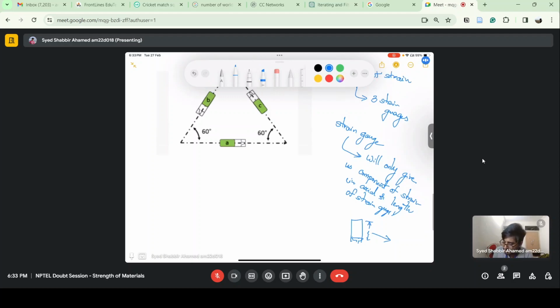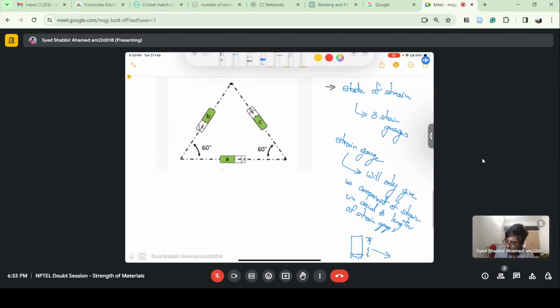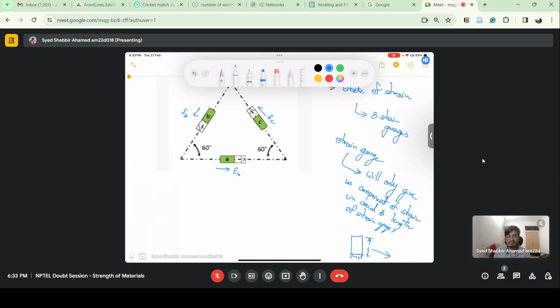So here we have three strain gauges. It will give strain in this direction, in this direction, and in this direction. That's why we need at least three strain gauges to get the state of strain at a point.